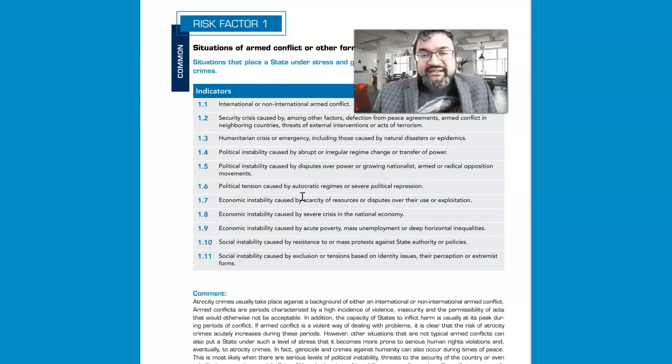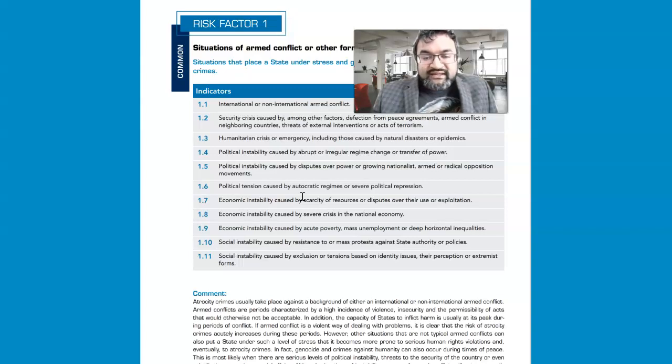And we saw this during the events leading up to the Holocaust, where there was a country running out of money, and so they had to blame a minority. And unfortunately, Jewish individuals were the minority group.